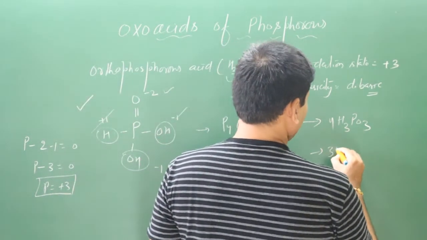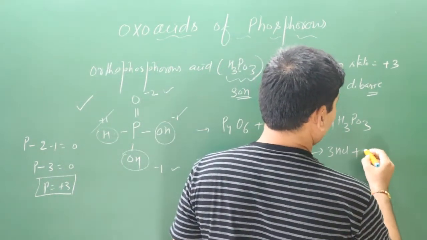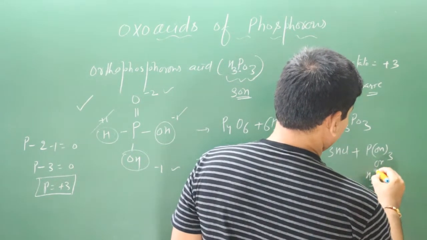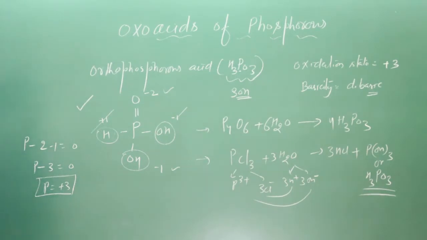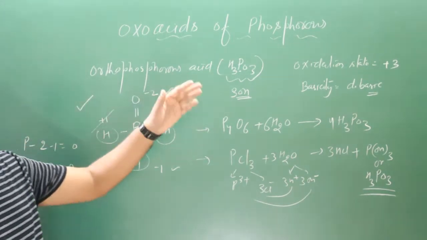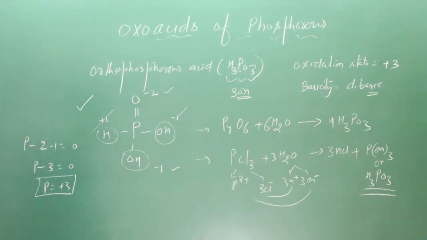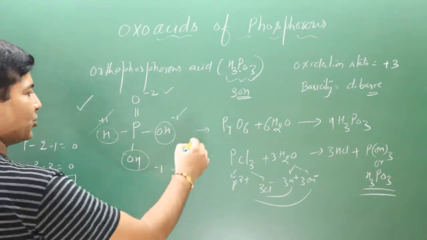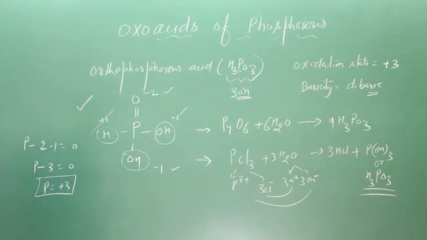Then we get 3HCl and P attached to 3 hydroxyl groups, P(OH)3, which can also be written as H3PO3. Orthophosphorus acid, or it can also be called phosphorus acid. Only phosphorus acid is also correct. These are the 2 methods we have for the preparation of orthophosphorus acid.